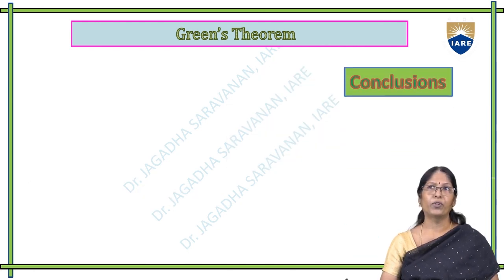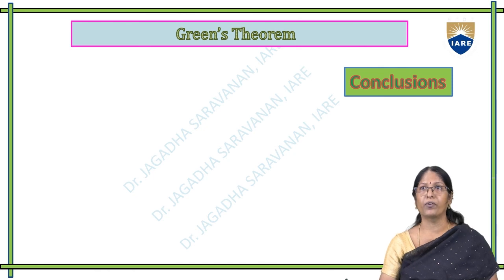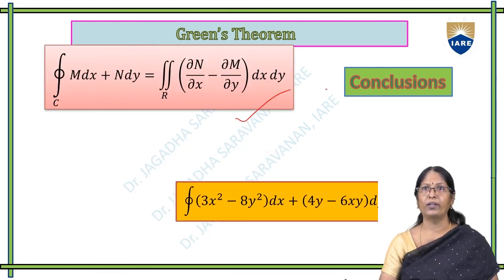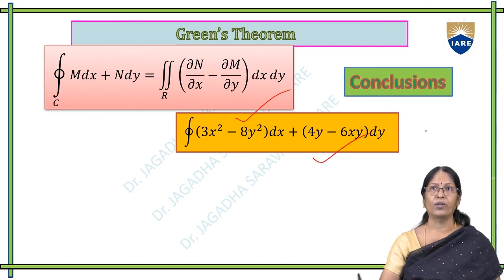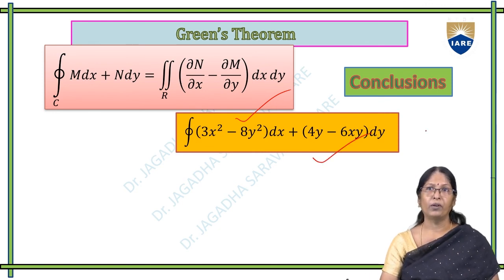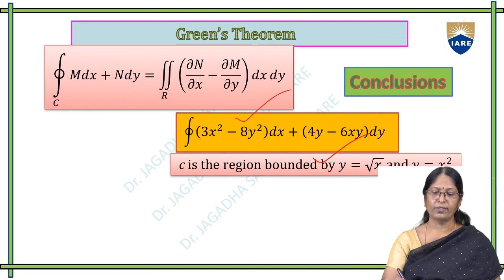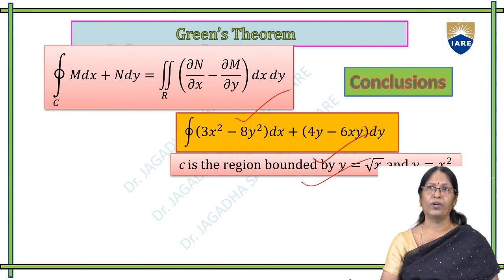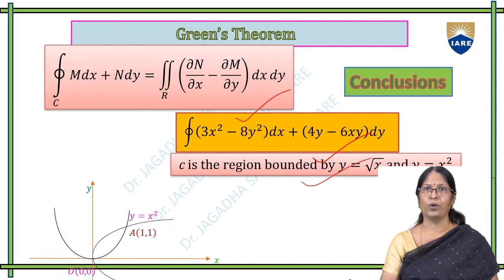So now we will come to a conclusion about this topic, Green's theorem. That is, this is the Green's theorem formula, and this is the function which is given in our question. This is the bounded region where two curves are there. That is y equal to root x, the first curve. The second one is y equal to x square.